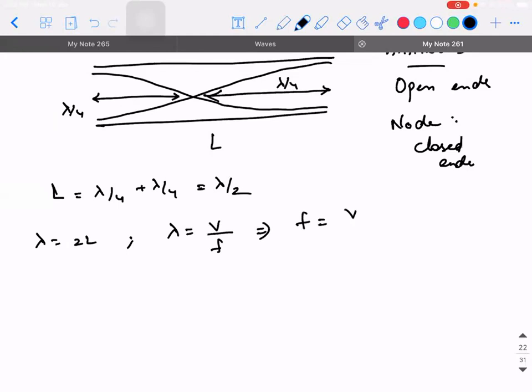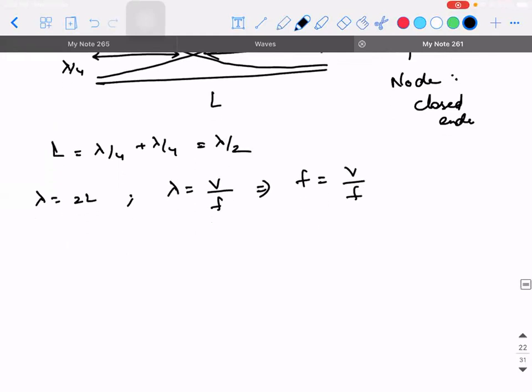So frequency is equal to V divided by lambda. So F is equal to V divided by, what is the value of lambda that we got here? Lambda is nothing but 2L. So 1 divided by 2L into square root of, remember this, okay? I will explain why it is so later.